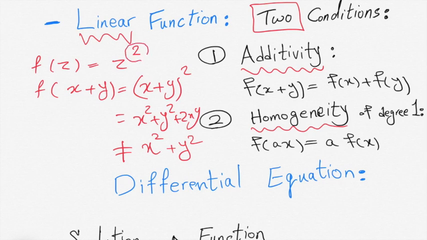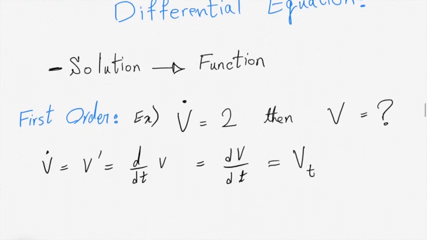Therefore, this is a nonlinear function because it's not first power, and additivity doesn't work here. Or if you have a function like f(z) equal to 3z, then both of these conditions are satisfied and stay valid. Therefore, it is a linear function.